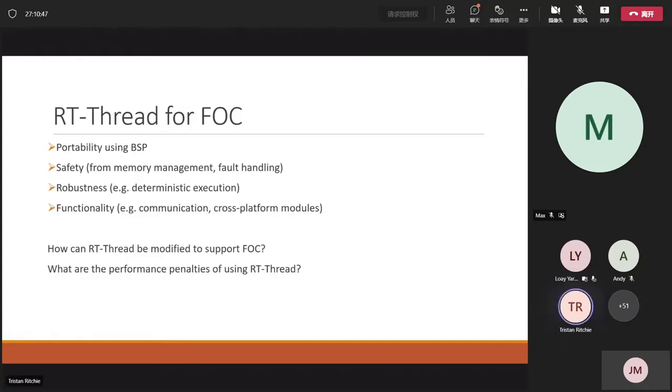Now, one potential solution is to simply use a real-time operating system. In this case, if the BSP could be amended to support this sort of peripheral configuration, we would be able to rely on it for portability. We could also rely on the robustness and safety features that are guaranteed by the real-time operating system, such as memory safety, or more generally, memory management.